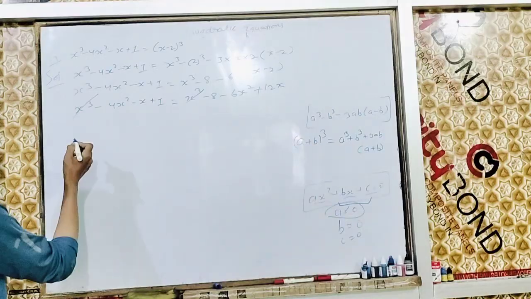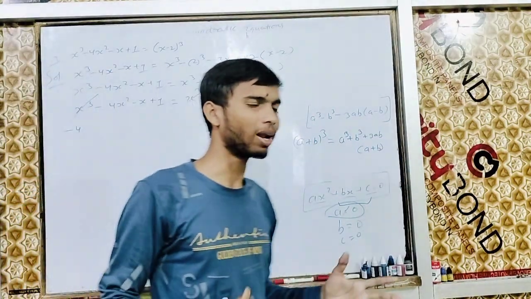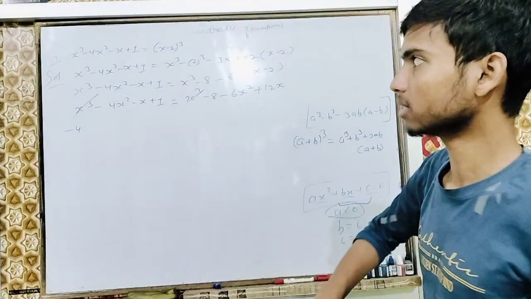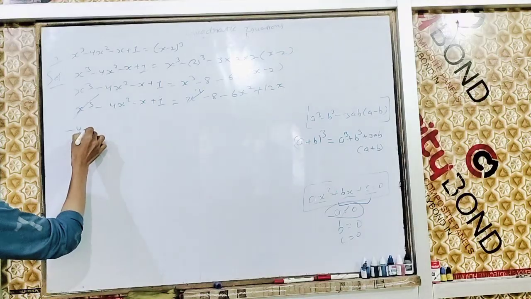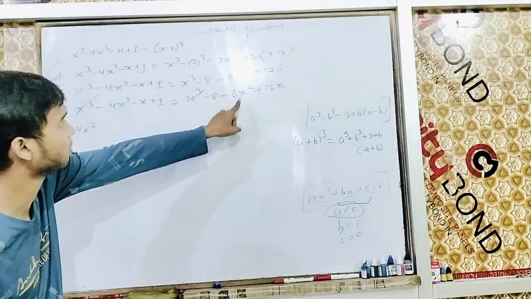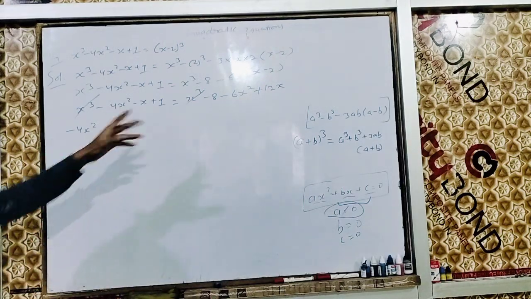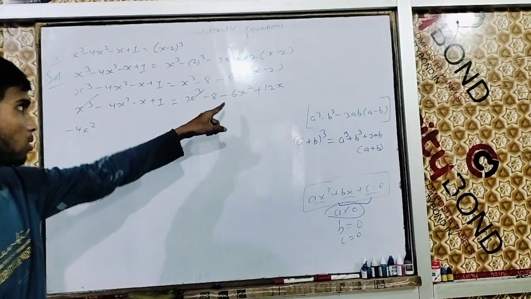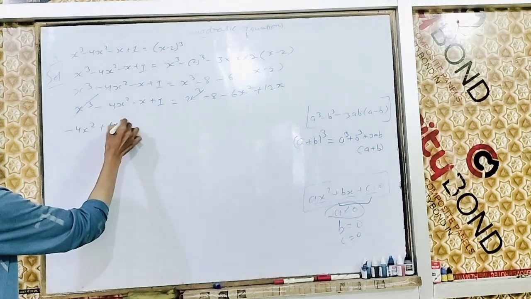We can do one thing: just collect all like terms on one side. Then it will become very easy to simplify this. 4x square. Then here we have minus x square. Then when it is brought to this side, its operator will change itself. 6x square.